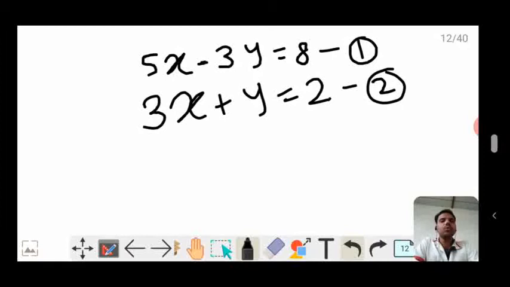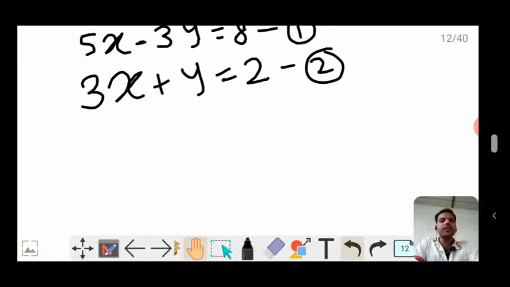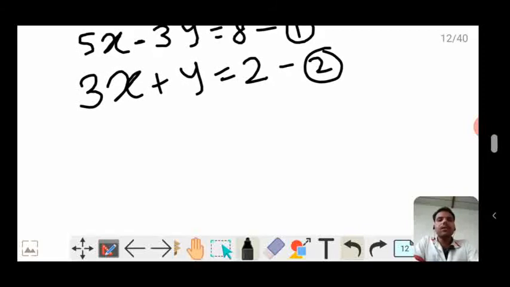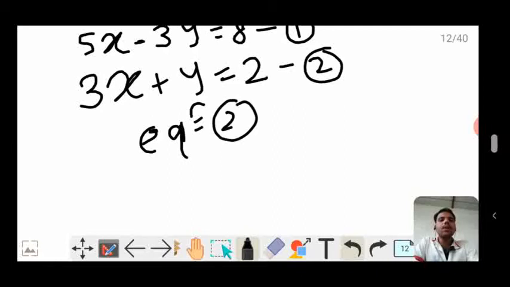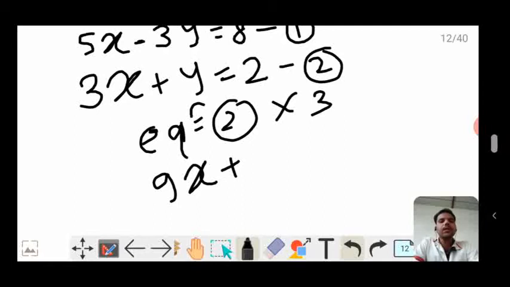So let's do the first step. What is the first step? Multiply equation 2 by 3. So we get 9x plus 3y is equal to 6.